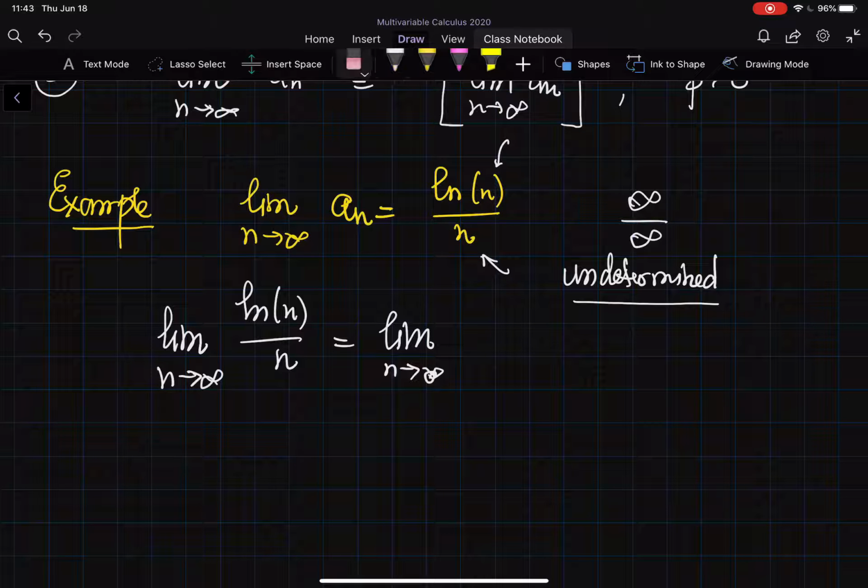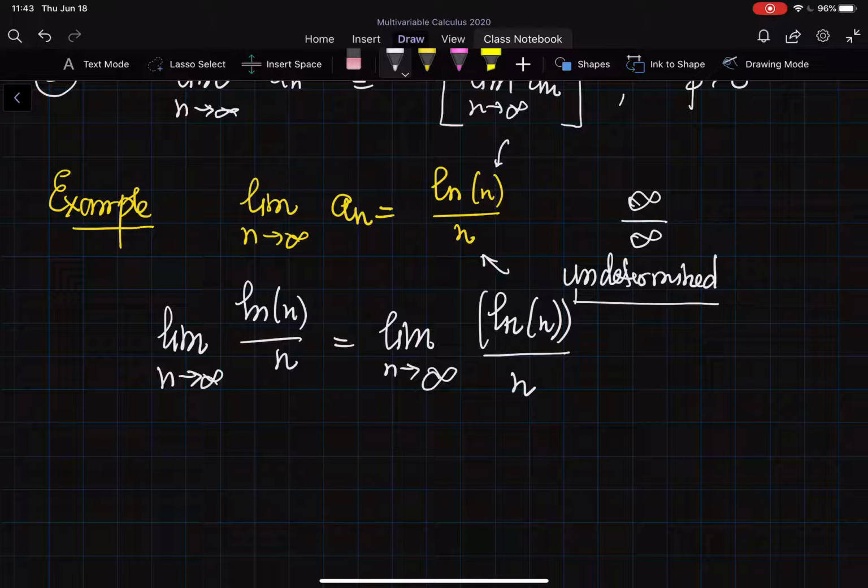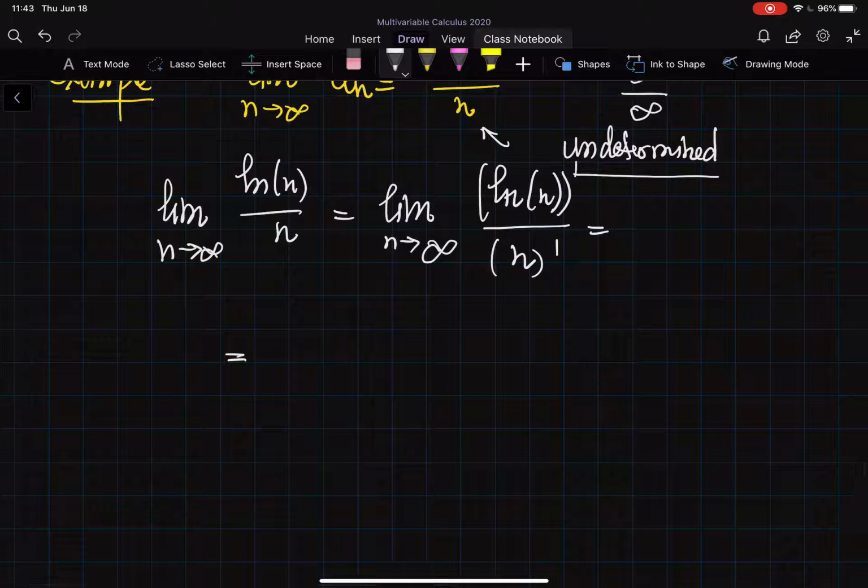So we first need to take the derivative of the numerator with respect to n, and then divide by the derivative of the denominator with respect to n. Please note that we're not using the so-called quotient rule. We are taking the derivative of the numerator and the derivative of the denominator separately.